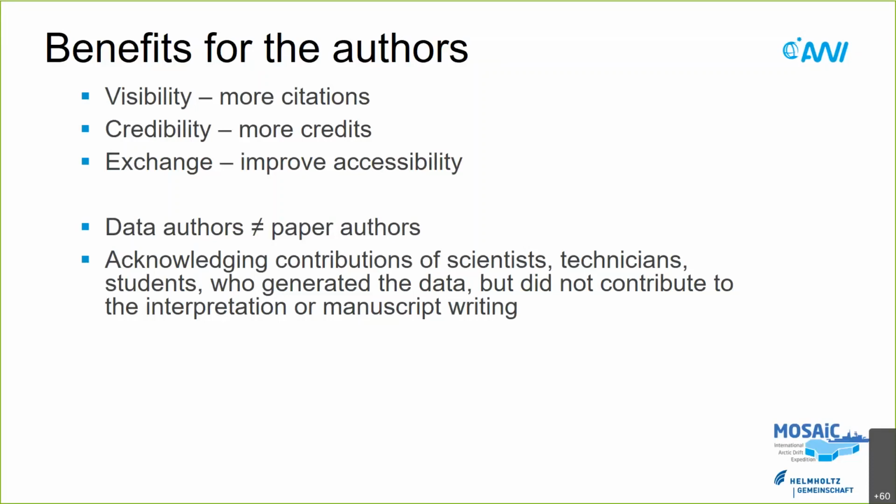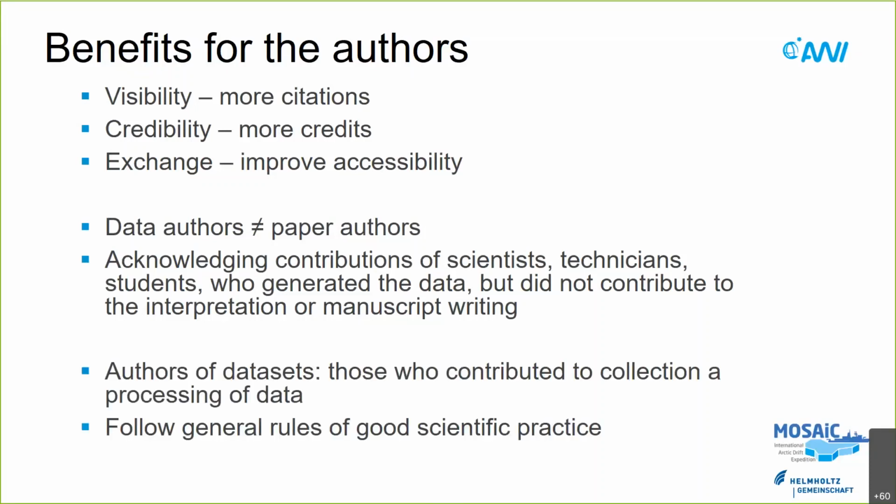Maybe other colleagues, scientists, technicians, or students who might not otherwise get a place as authors or co-authors, but maybe just in acknowledgements. Generally, the authors of data sets are those who contributed to collection and processing of data. But here, you can generally follow the rules of good scientific practice, as drafted, for example, by the DFG, in the guidelines for safeguarding good scientific practice in Germany.